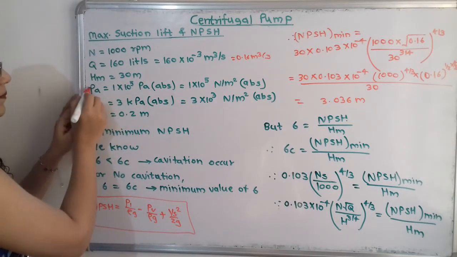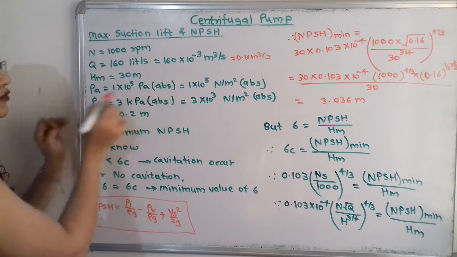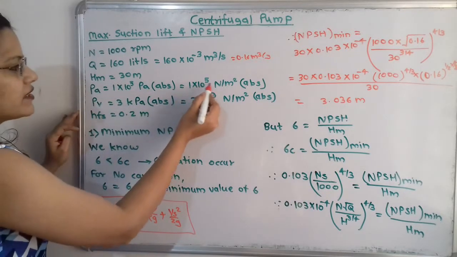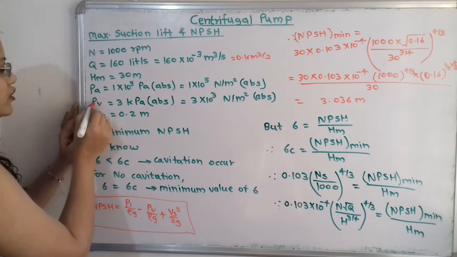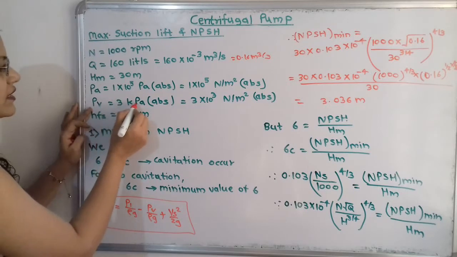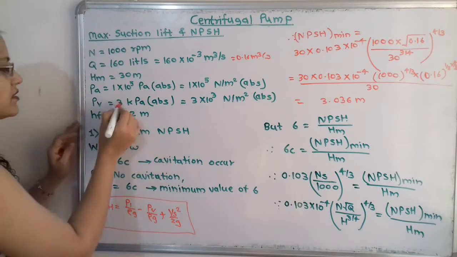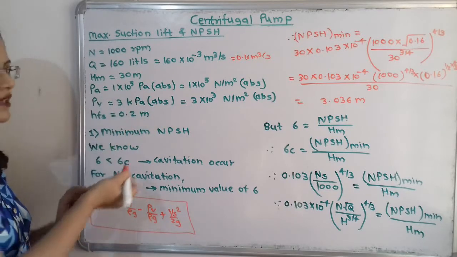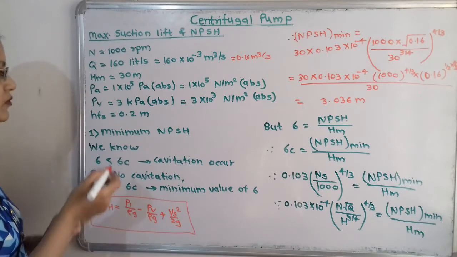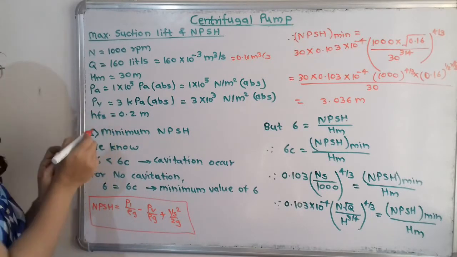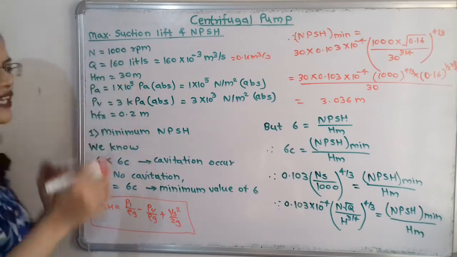Then the atmospheric pressure is given 1 into 10 raised to 5 Pascal, which is absolute pressure, so 1 into 10 raised to 5 Newton per meter square absolute. Then vapor pressure Pv is also given, that is 3 kilopascal, which we have to convert into Pascal, that is 3 into 10 raised to 3 Newton per meter square absolute. And the head loss due to friction is 0.2 meter. So this is the given data.